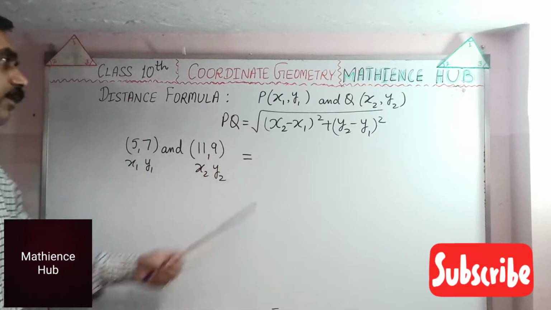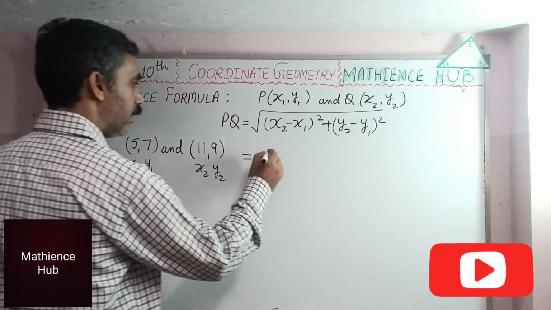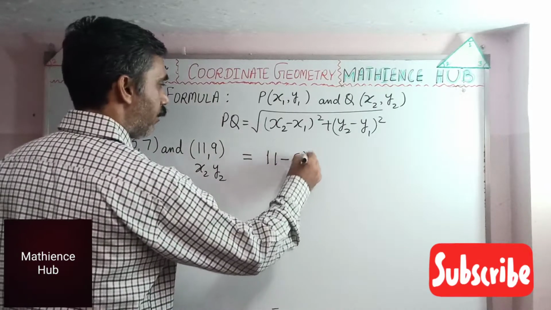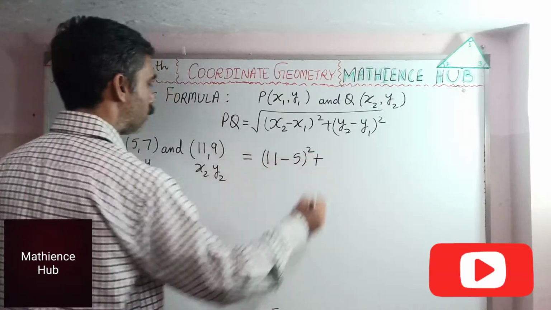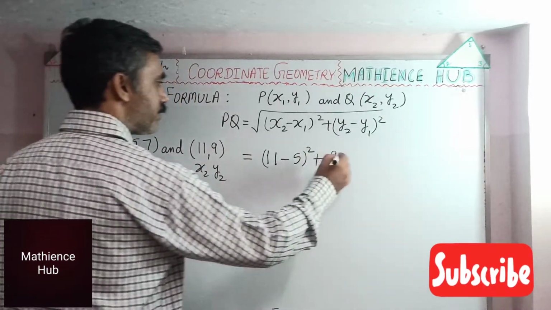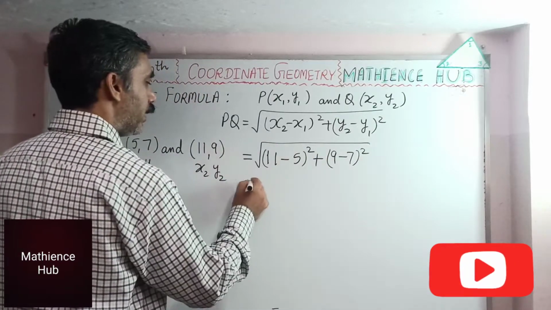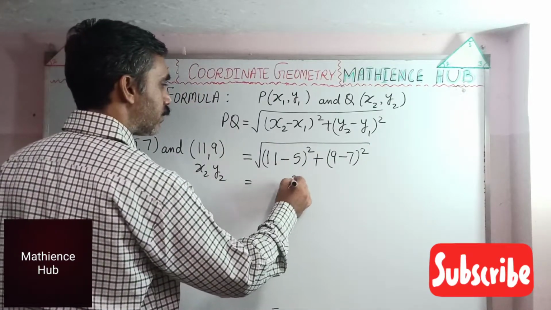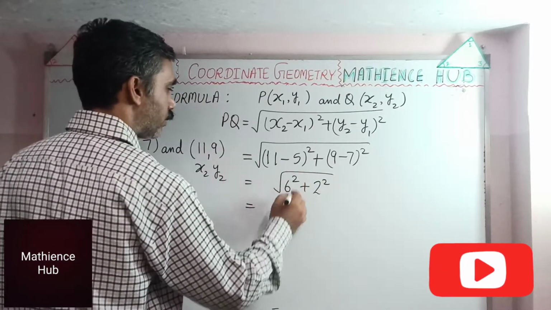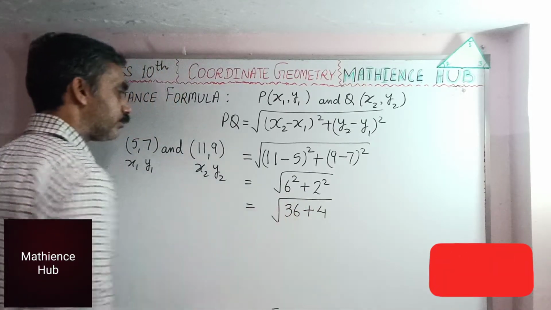Put the values in this formula. x2 is 11 minus x1 is 5, so (11 minus 5) whole square plus (y2 is 9 minus y1 is 7) whole square. 11 minus 5 is 6 square, 9 minus 7 is 2 square. 6 square is 36, 2 square is 4.